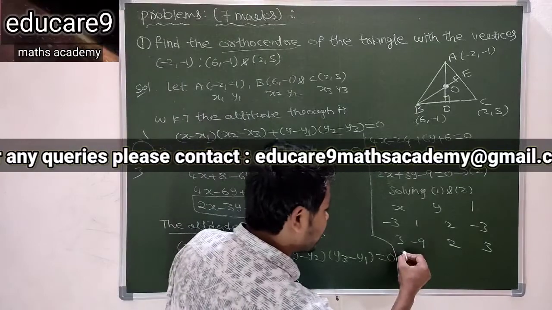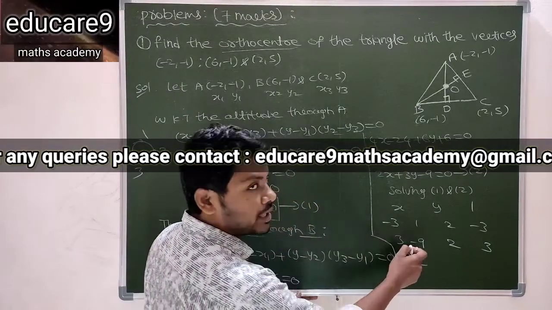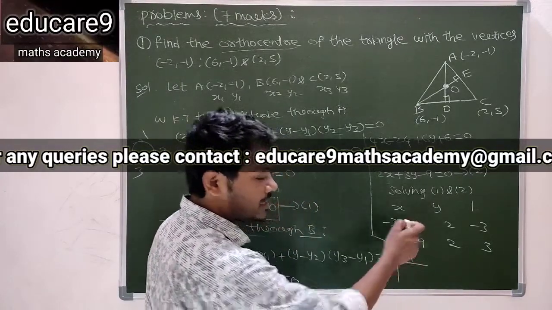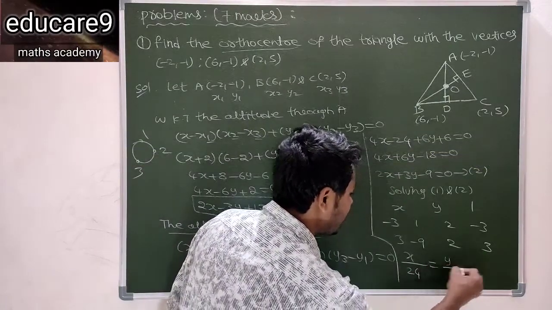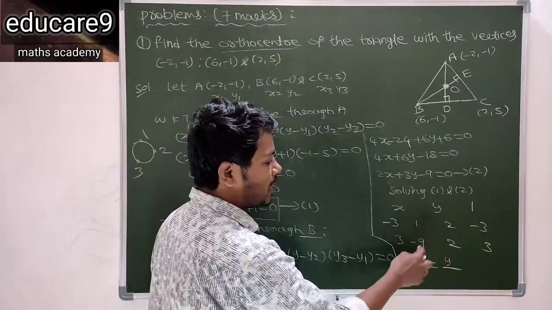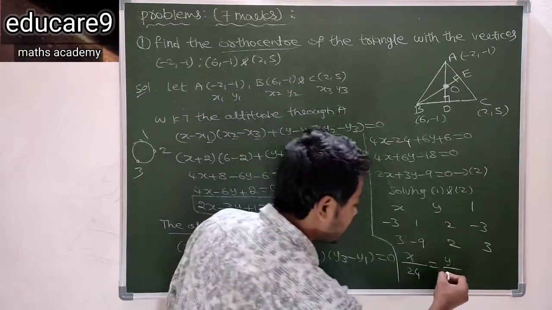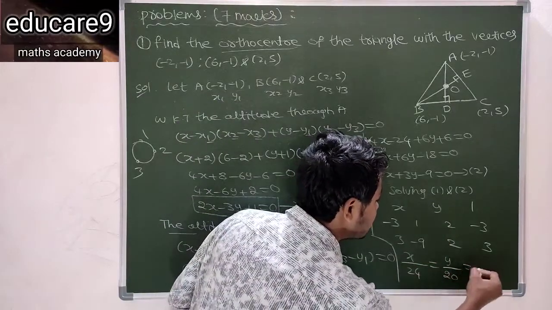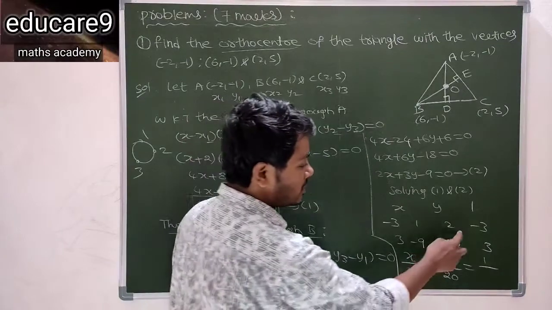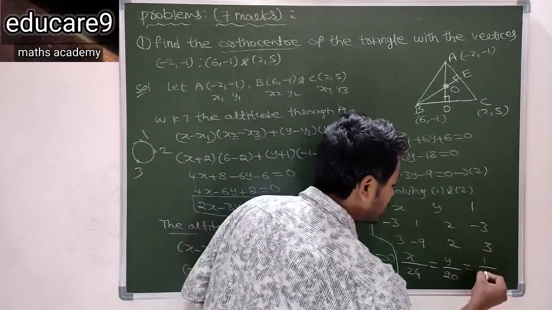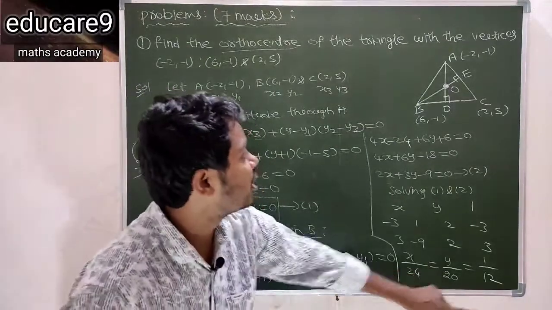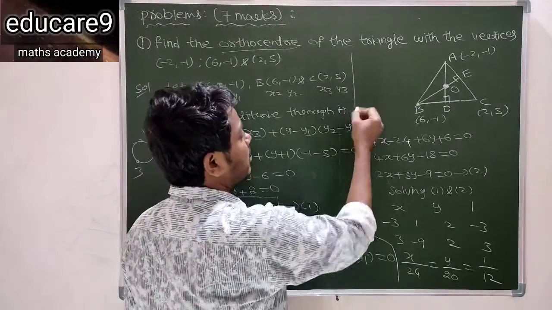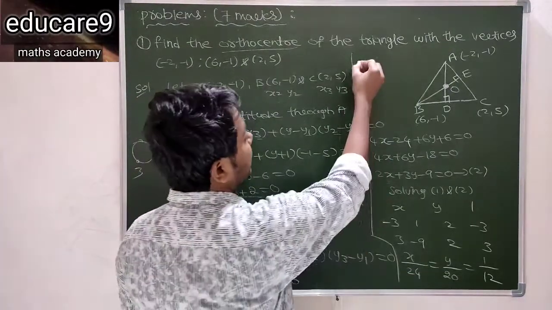So clearly what you get: x by 27 minus 3, that is 24, and y by 2 plus 18, that is 20, is equal to constant by 6 plus 6, 12. Now equating first and last, therefore x is equal to what?